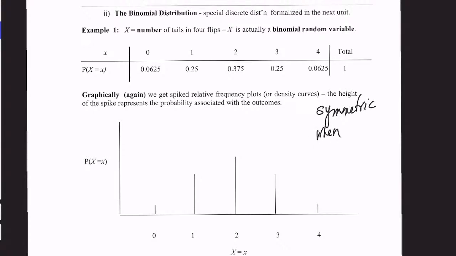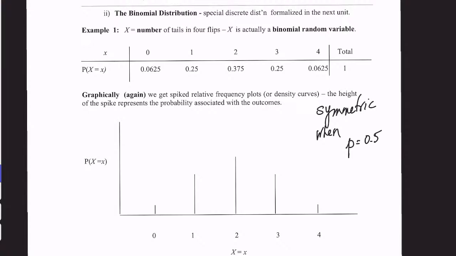Well, in this case, if p equals 50%, it will turn out to be symmetric. There's another special case where it turns out to be symmetric, and we'll discuss that in the next unit. So it doesn't have to be symmetric.